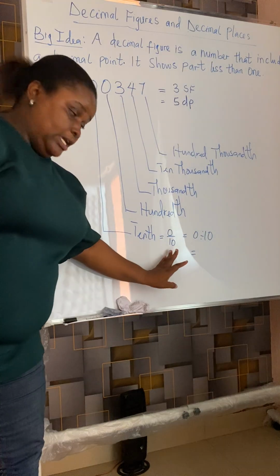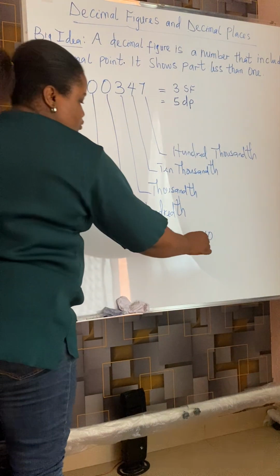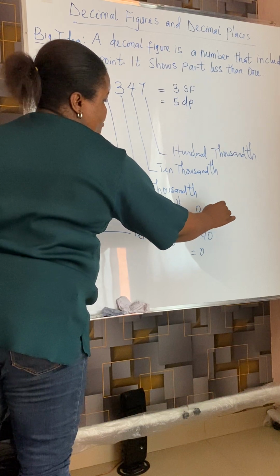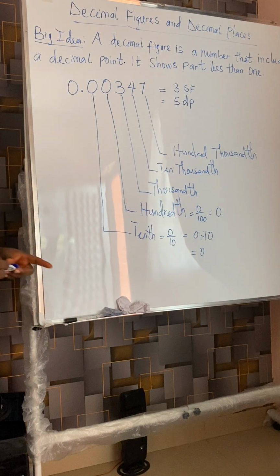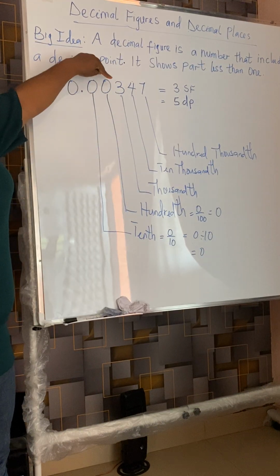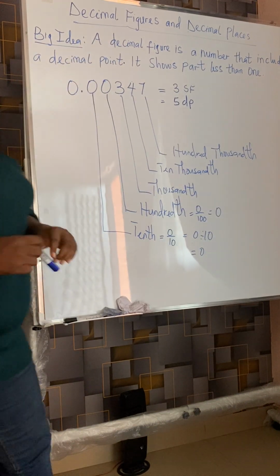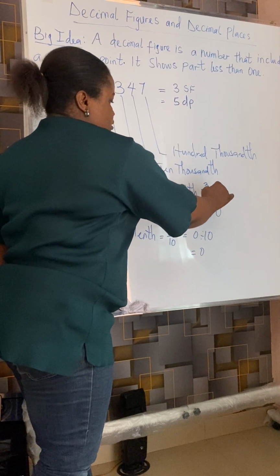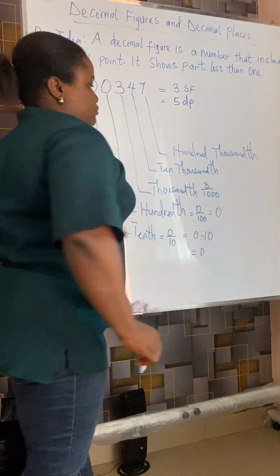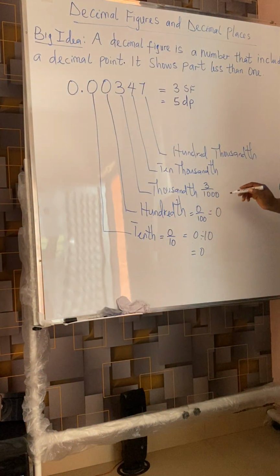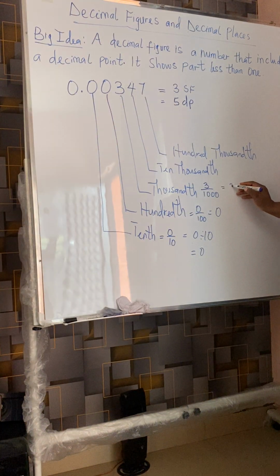So this is 0 here. This is also 0/100, which is 0, please. Now let's look at the thousandths. We have 3 here for the thousandths. So this is 3/1000, which is the same thing as 3 divided by 1000.